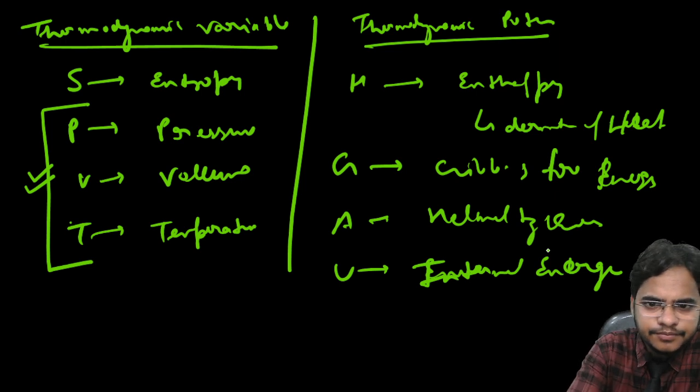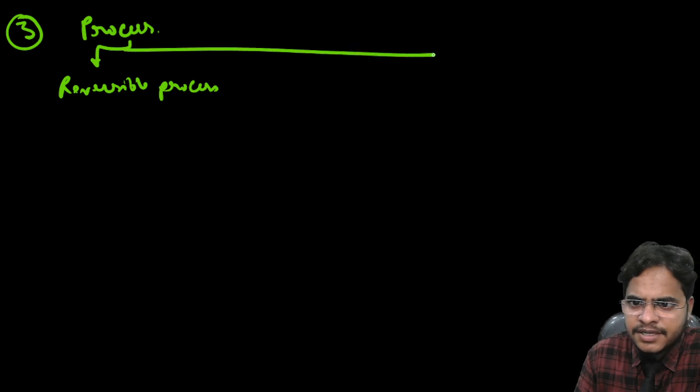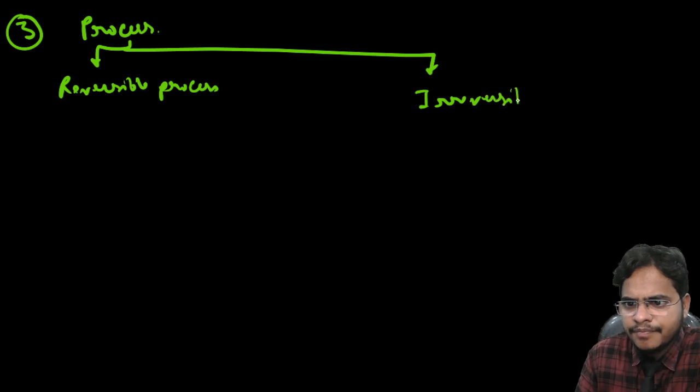Now we have the third thing. We have the process. Process is of 2 types. One is the reversible process in the chemistry, and irreversible process.